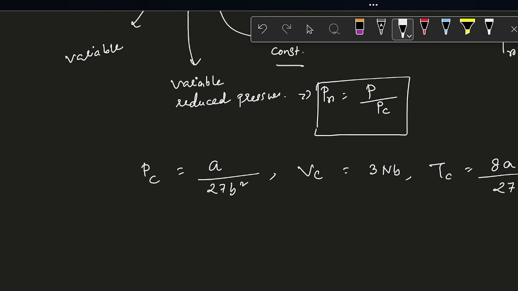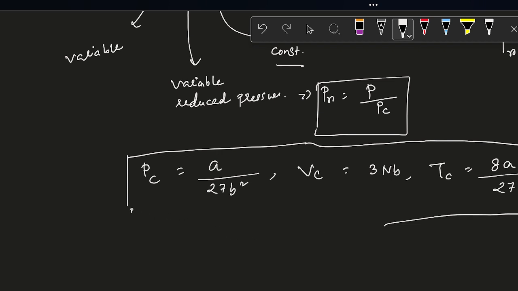You can see that all these critical standard values are represented in terms of the parameters A and B, which were the correction terms for the van der Waals equation of state. These are standard values, you can remember them, they will be useful, and I will also show you in some next question how to derive these values.